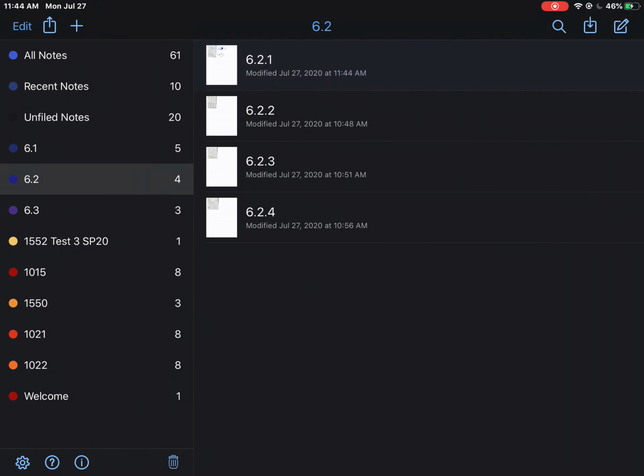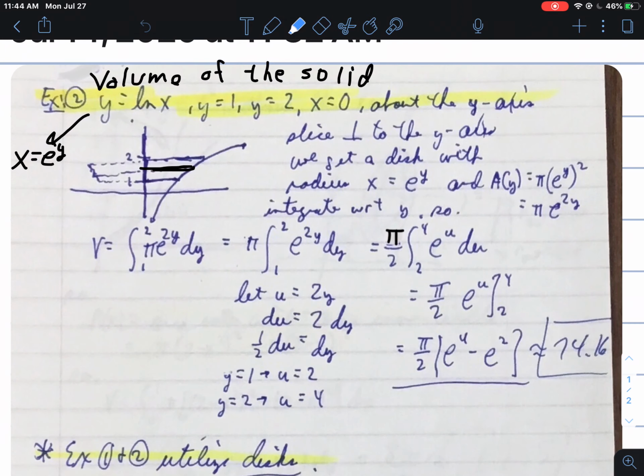Let's try another one. So here I'm looking for the volume of the solid formed by taking the function y equals ln of x, bounded by y equals 1 and y equals 2, those two horizontal lines, and the vertical line x equals 0, which is your y-axis. This time we're going to rotate it about the y-axis. So here's my region.